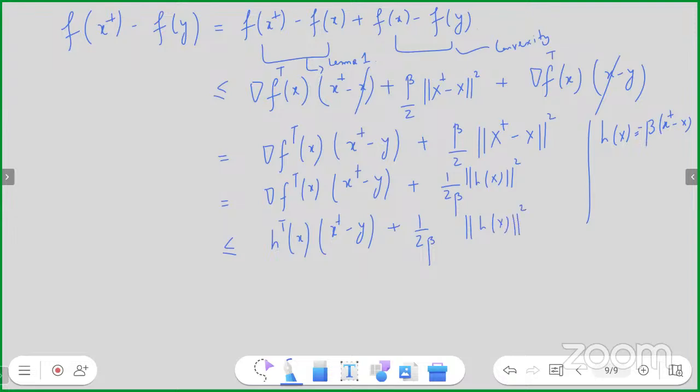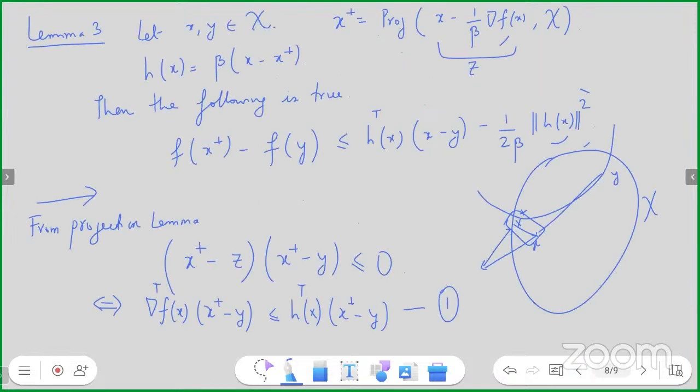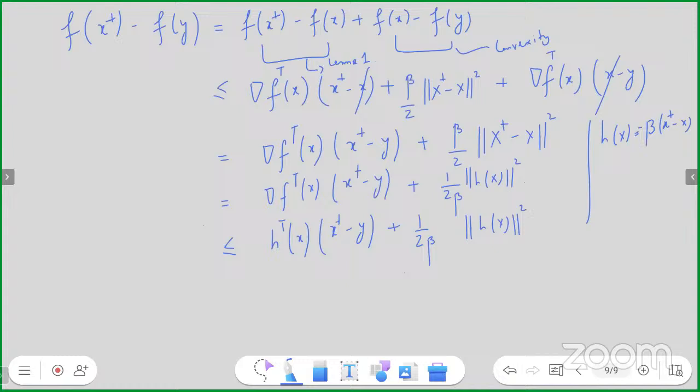Okay, so now the final step I will leave to you to figure out. I want to get rid of x plus here and I want to move from plus to minus. What is my definition of h of x? Is this. Can you tell me how to do that? Objective clear, right? I want to get rid of x plus. I want to get rid of the plus sign on 1 by 2 beta.